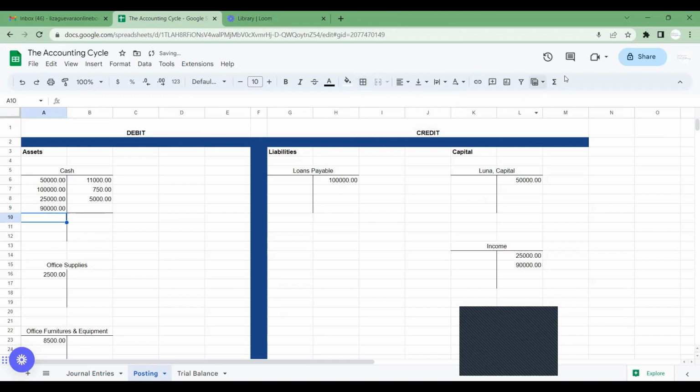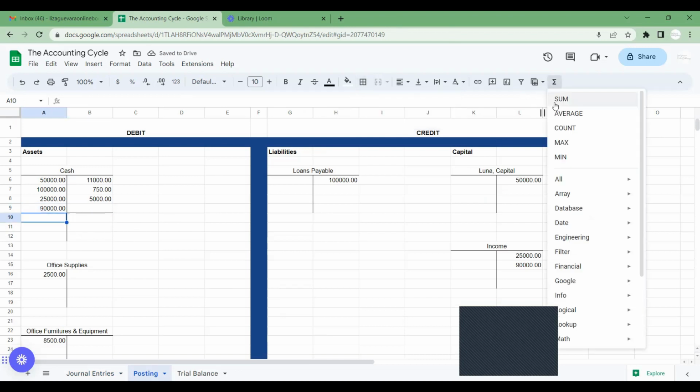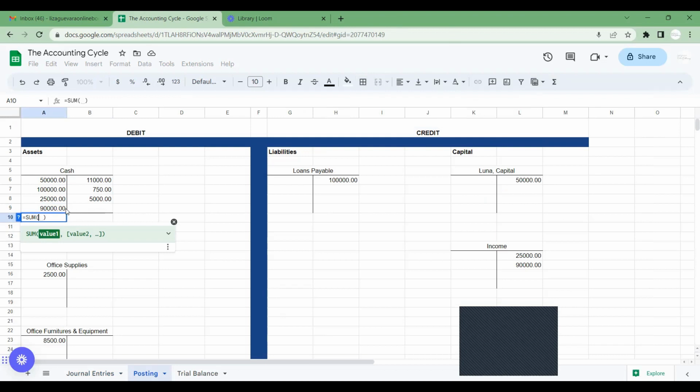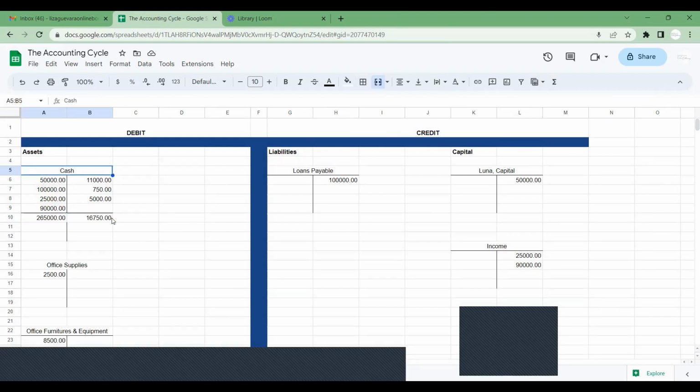If an account has a debit and credit balance, you should get the difference to get the balance of that account at the end of the month.